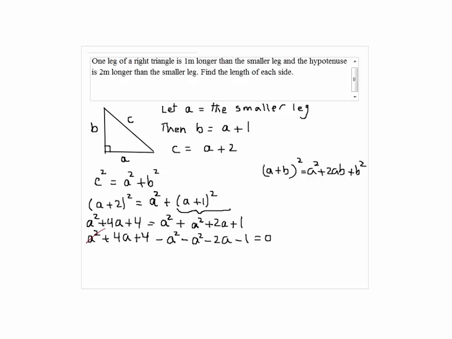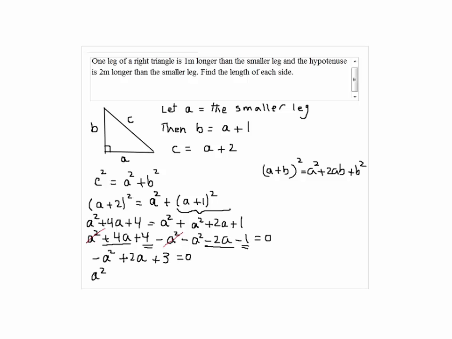Then we have minus a squared here. We have 4a here, minus 2a, that gives you plus 2a, and we add the constants, we get plus 3.